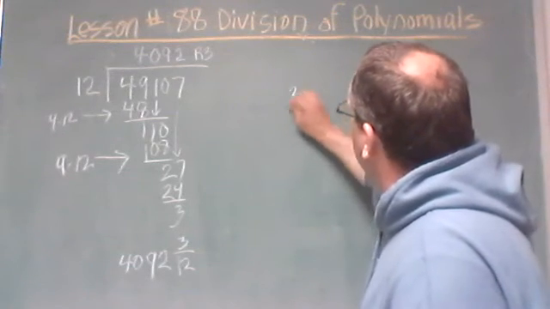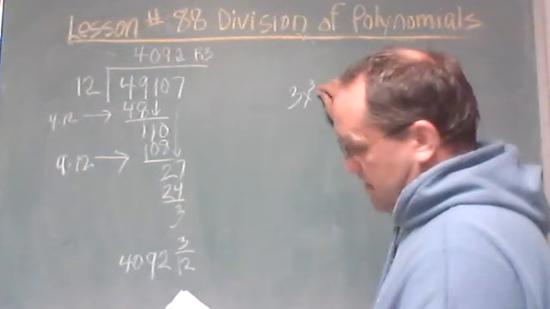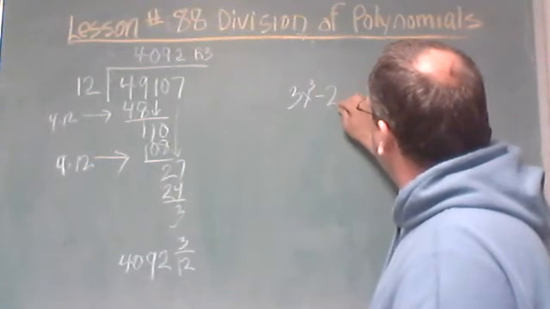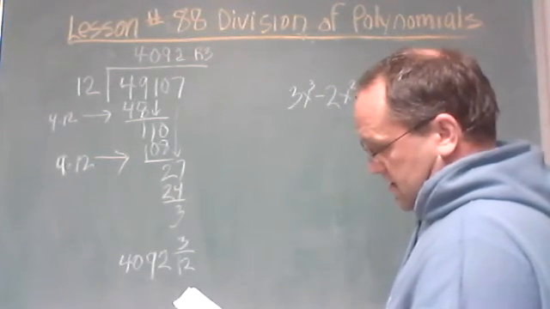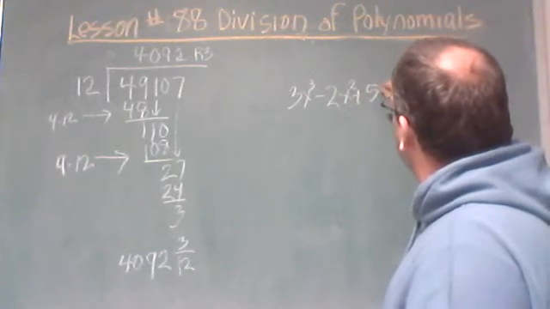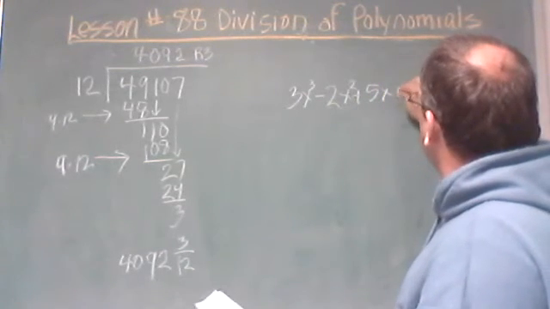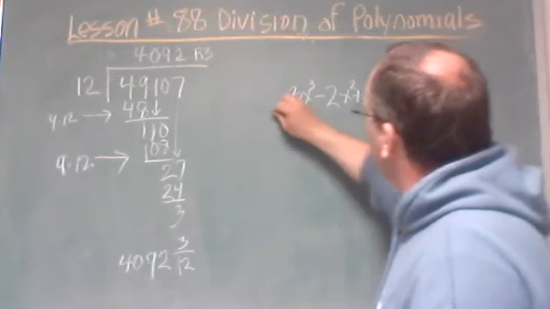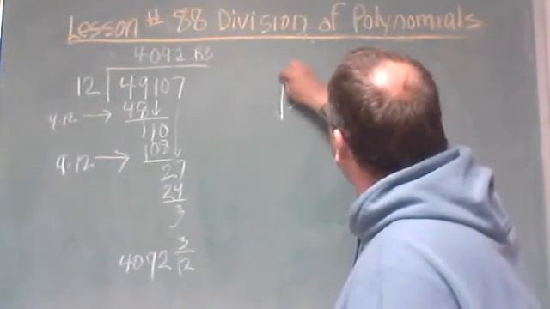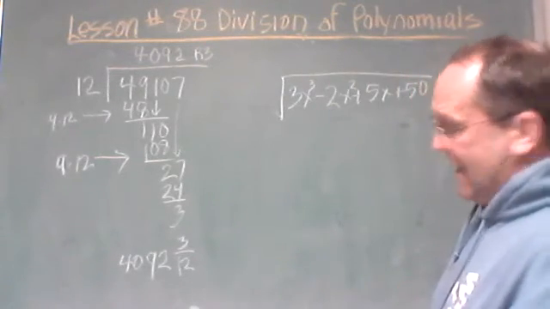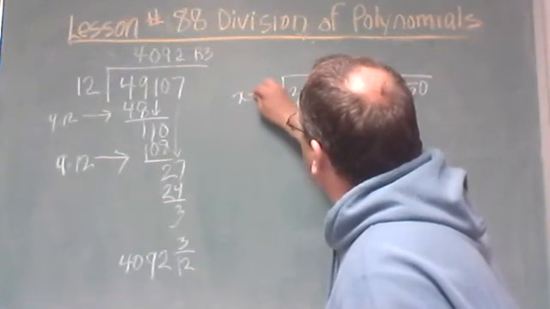So we have 3x to the third minus 2x squared plus 5x plus 50. I want to divide that by x minus 3.